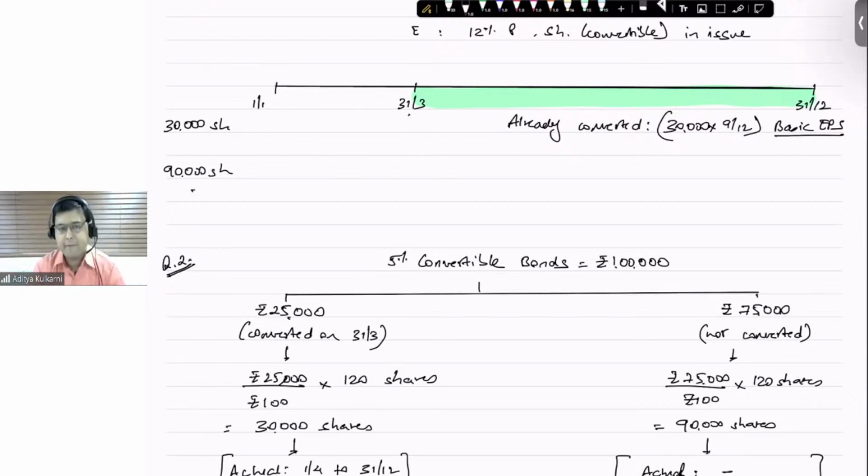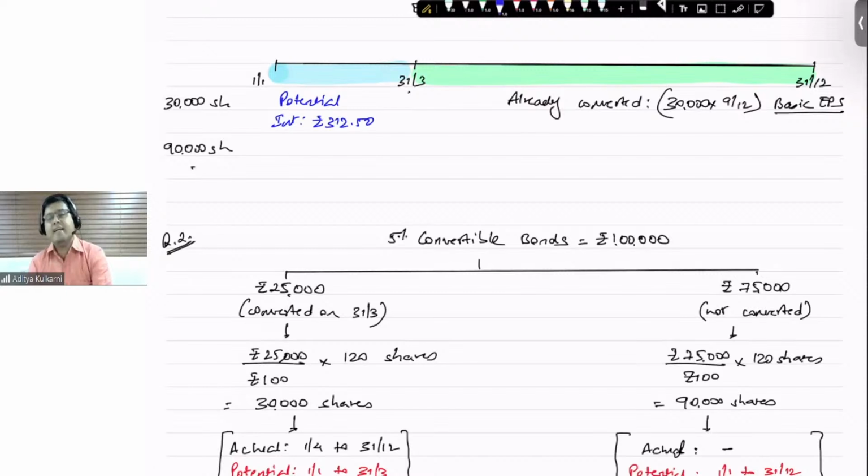Fair enough. For this period, did the conversion option get exercised? No. And therefore, here it is going to be potential. If it is potential here, then the interest expense is rupees 312.5. Because it was a bond in the first 3 months, 312.5 would be deducted in arriving at the profit of 2 lakh rupees.